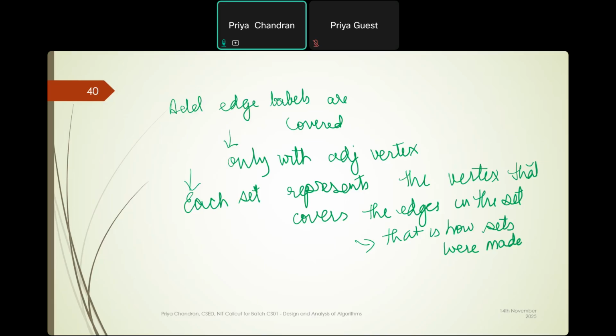Otherwise, it has to be there. So in this way it is ensured that all the edges get covered. So what that means is this set of K represents a vertex cover.